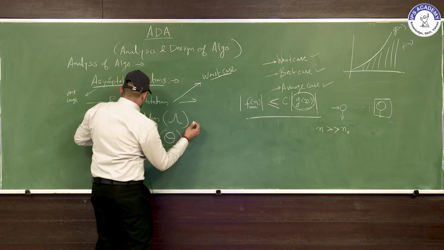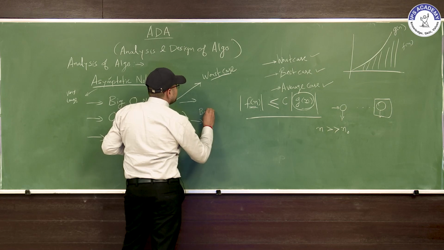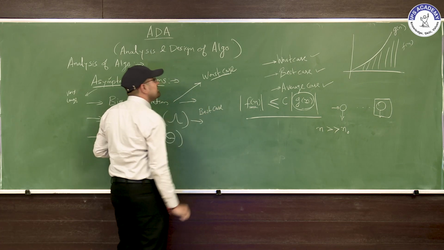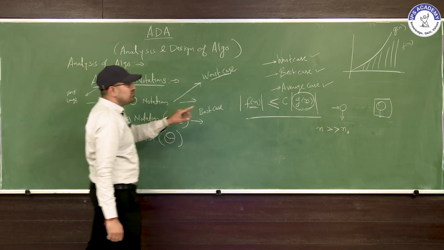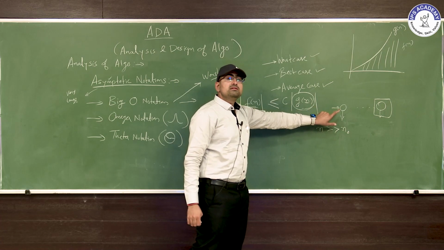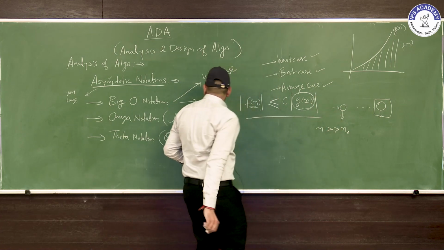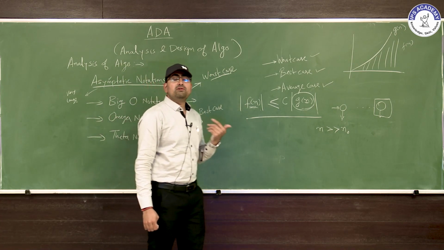Next one is omega notation. It represents the best case complexity. And for finding out the best case, best means what? We are searching for an element and we find it at the first place itself, right? So in that case, we must know the whole algorithm in advance.